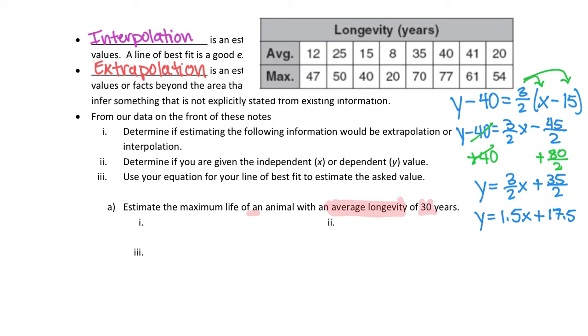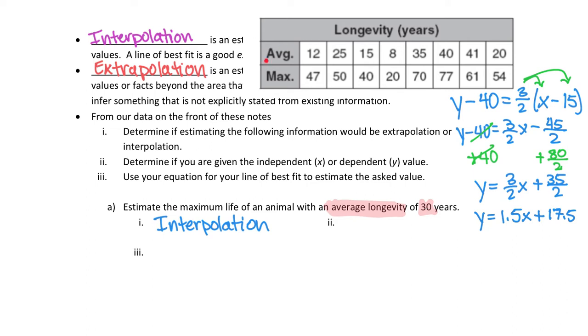I'm going to look at my graph, and here's my average. Does the number 30 fall somewhere in between all of these? And it does. Since my maximum's 41 and my minimum's 8, 30 does fall between those points. So this is an interpolation.